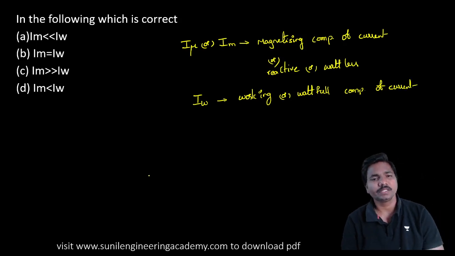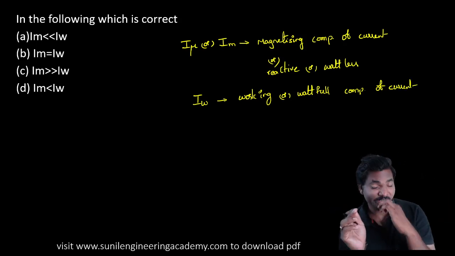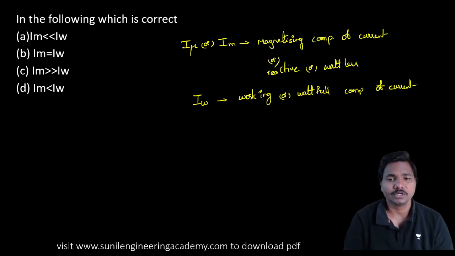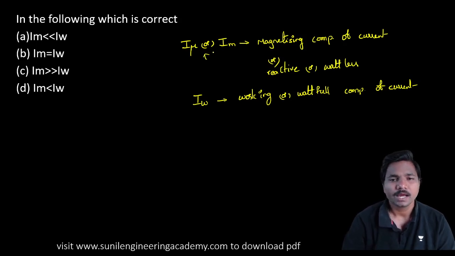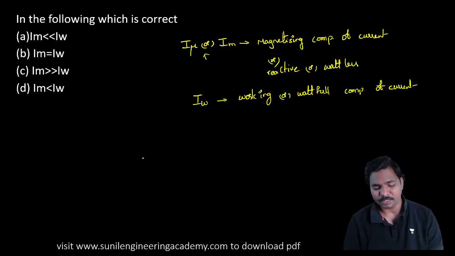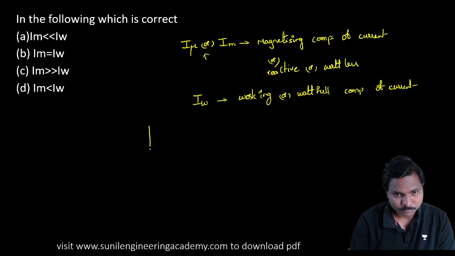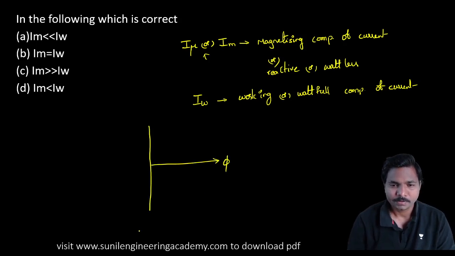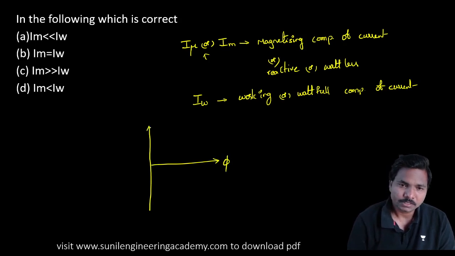We know very well that in the transformer we have the windings. Windings are inductive in nature, so the magnetizing current is higher than the working component. If you consider the vector diagram, let us take flux as the reference. First of all, voltage is leading.